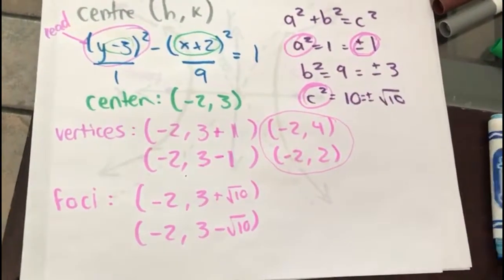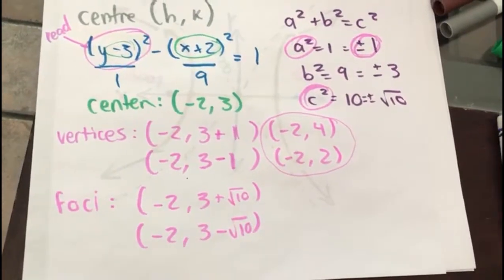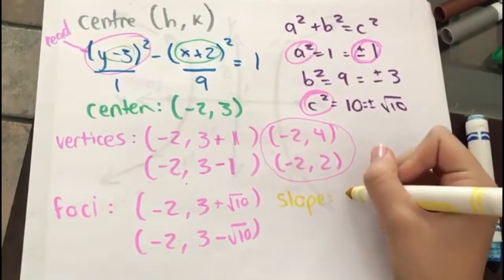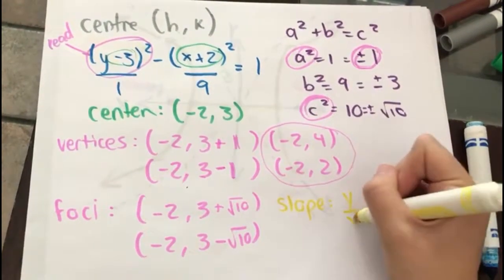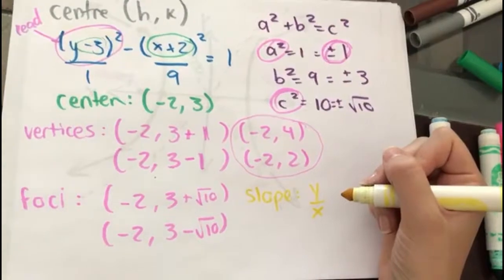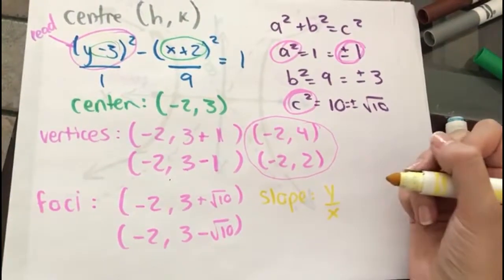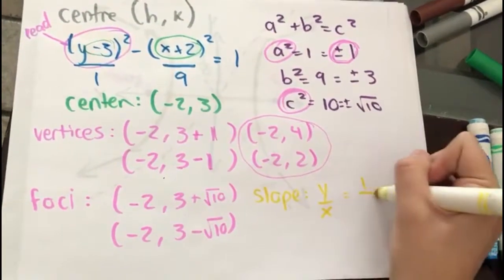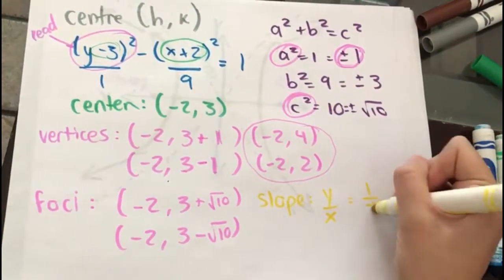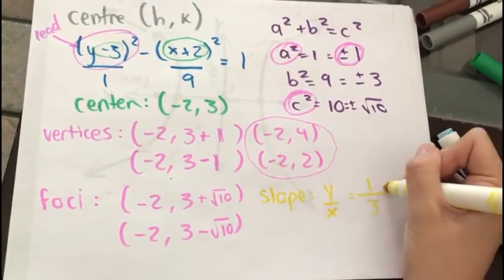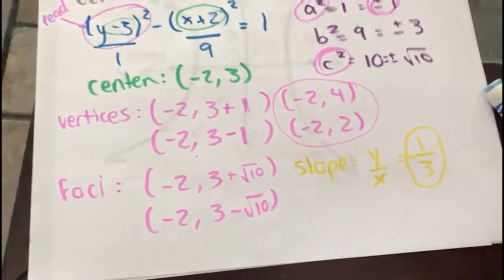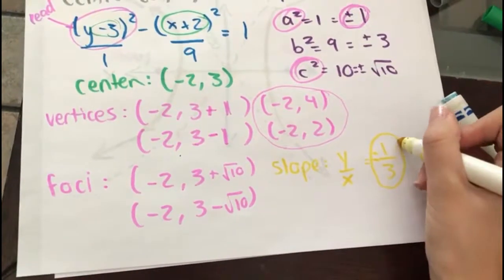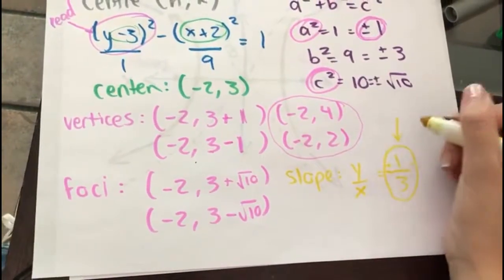For the slope, we are going to use y over x, where y is equal to 1 and x is 3. So this is our slope, plus or minus 1/3. This is where the asymptotes are.